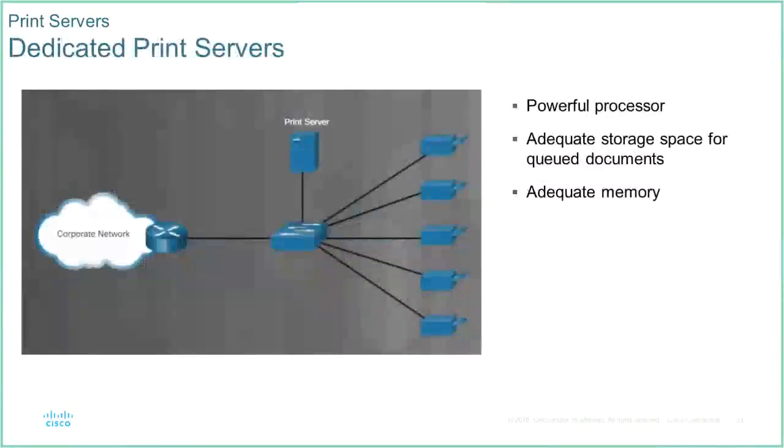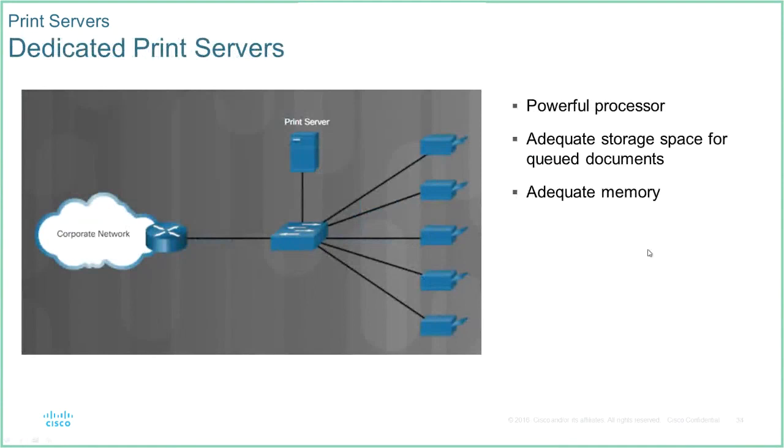Whereas a dedicated print server can just be set up on the side, and it can have connections to multiple printers, and as work comes to it, it can store it in the queues for the printers.